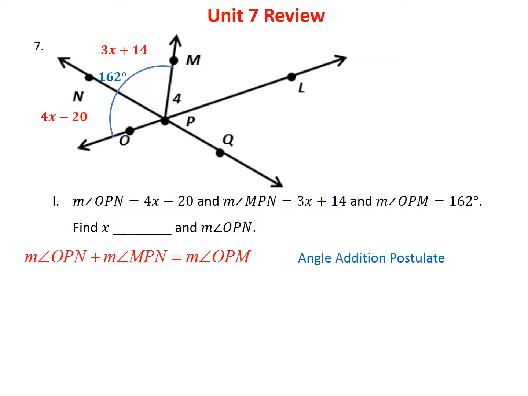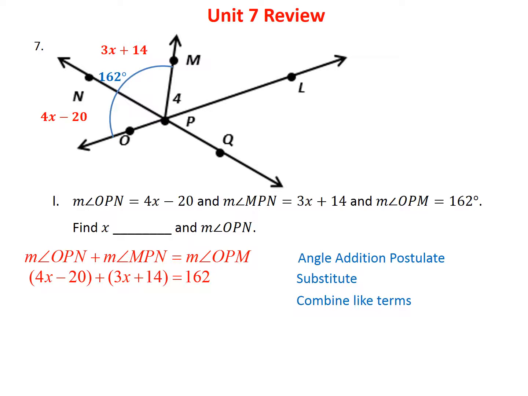In other words, the measure OPN plus the measure of MPN equals the measure of OPM. So now let's just substitute in the algebraic expressions. That means that 4x minus 20 plus 3x plus 14 equals 162. Our next step in the solution, let's combine like terms.